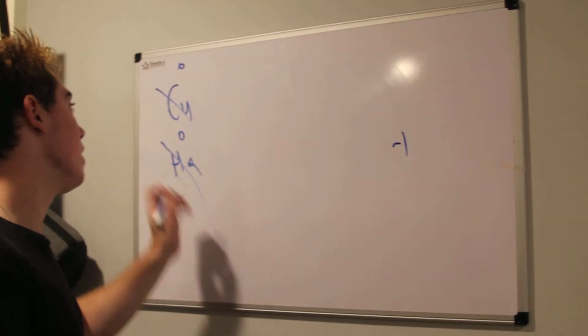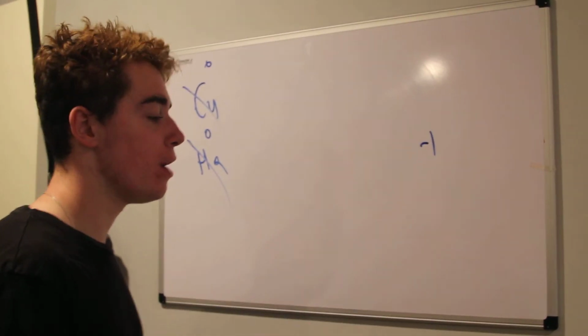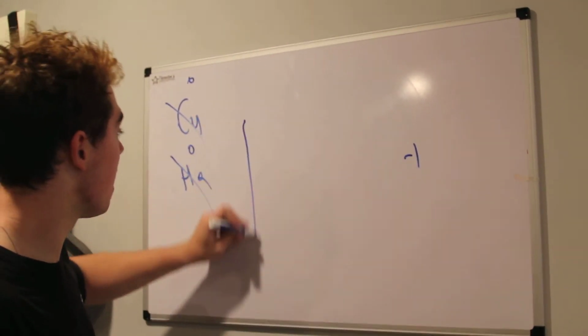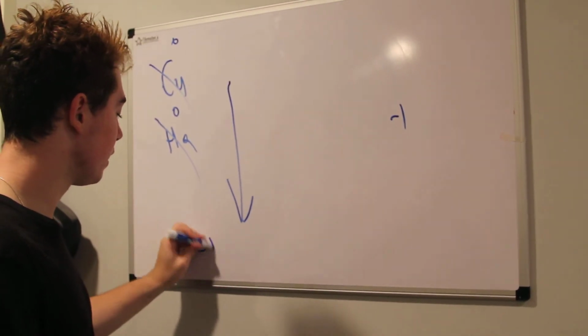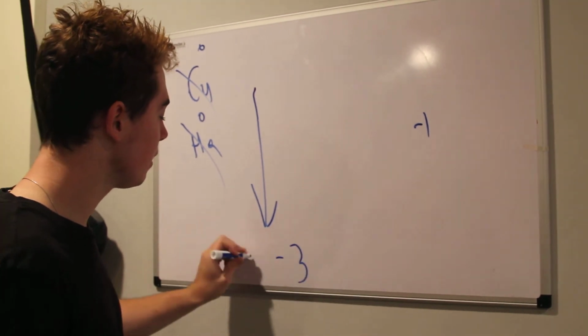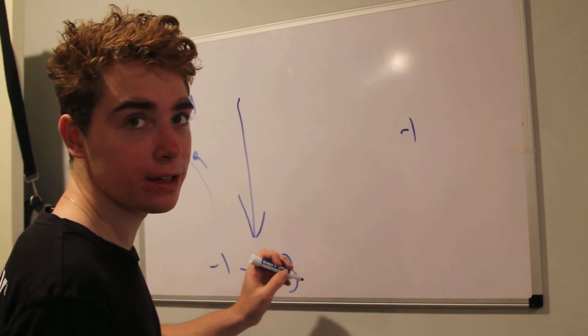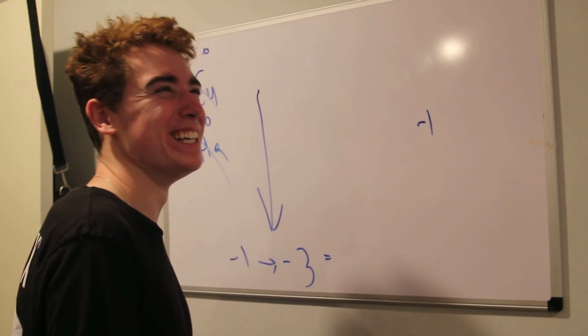Now, again, you write the reaction, you figure out the oxidation number, just like we did above for everything. And if the number goes down, so if it goes from -1 to -3, it's reduced, right? And that's an oxidizing agent, right? I haven't looked at this in years, like 3 months.